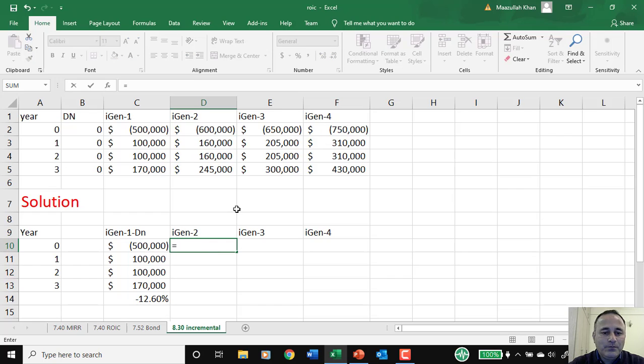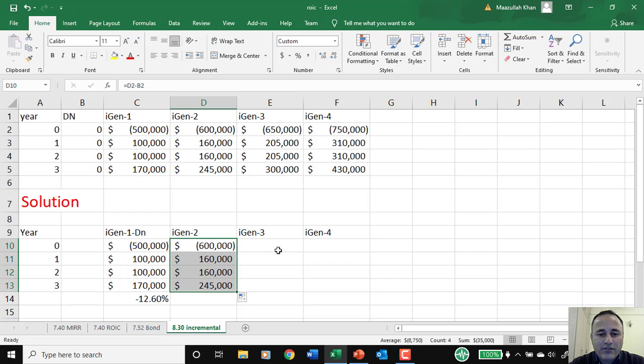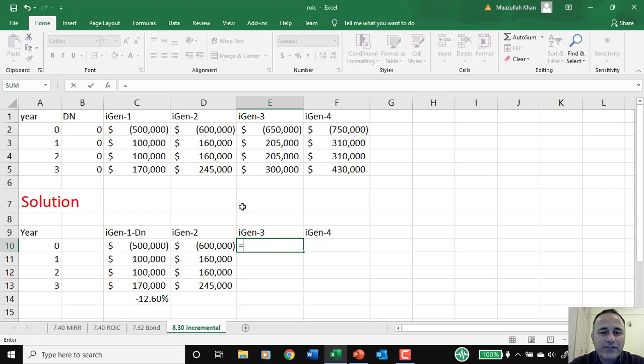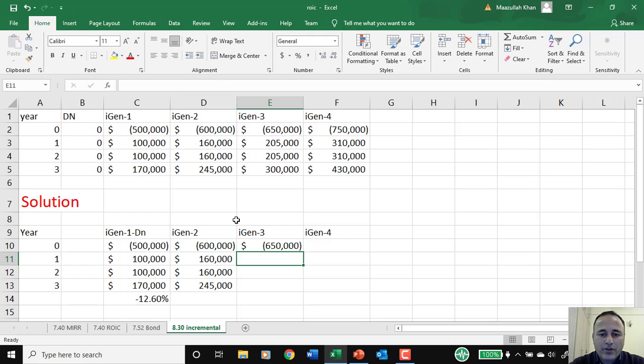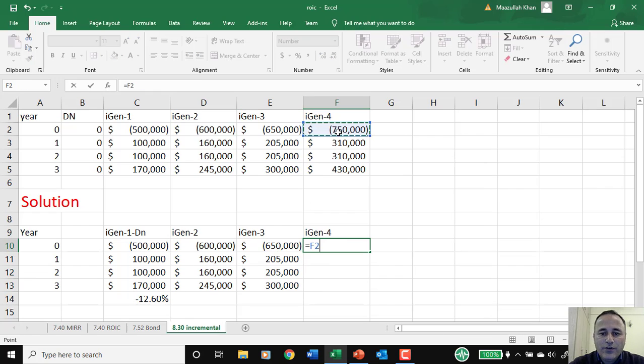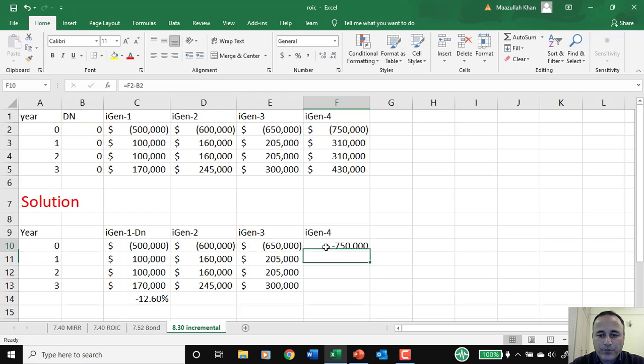Now for iGen 2, so iGen 2 minus DN, because DN is the winner. For iGen 3, let me calculate all the differences first. So iGen 3 minus 0, and iGen 4, so iGen 4 minus DN.